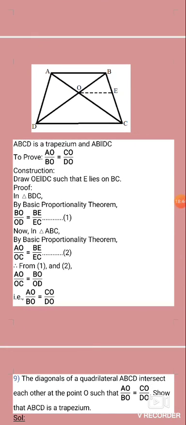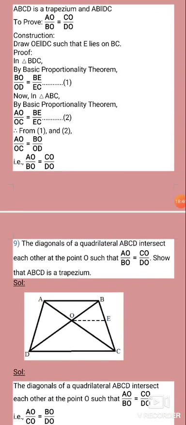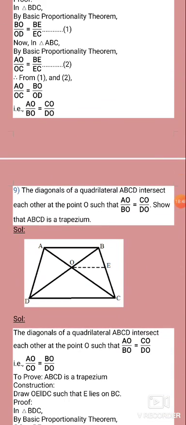Okay. Now the last question. The diagonals of a quadrilateral ABCD intersect each other at the point O such that AO by OB is equal to CO by OD. Show that ABCD is a trapezium.